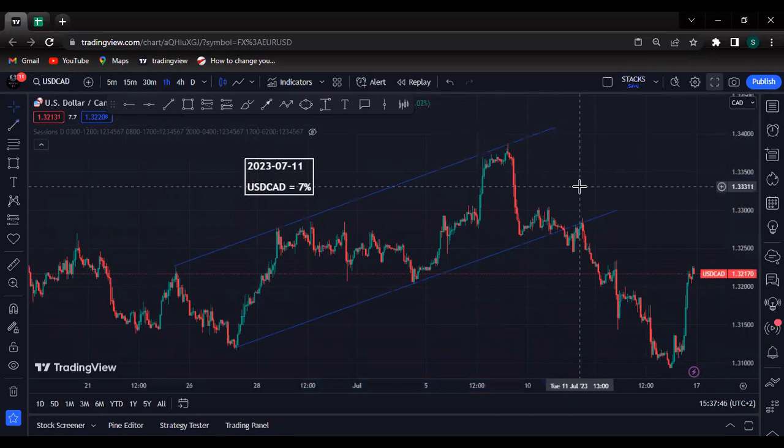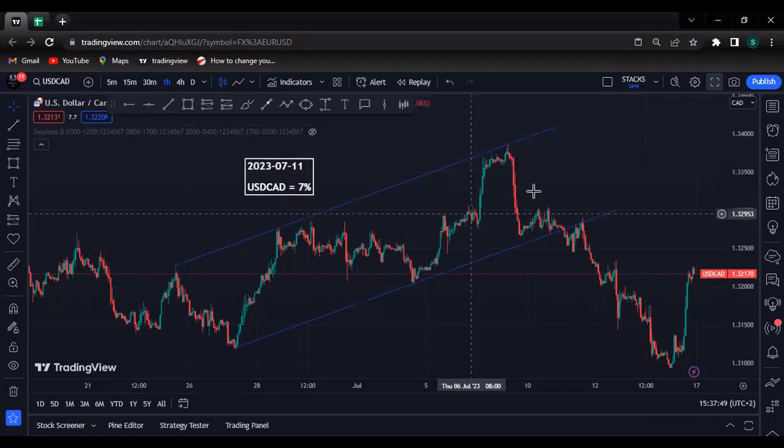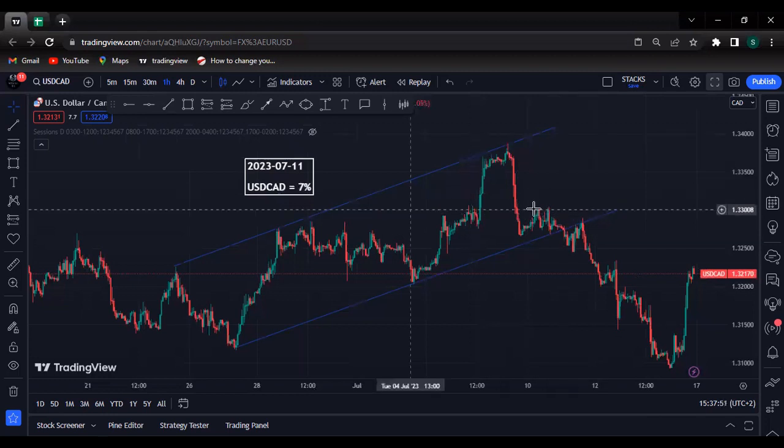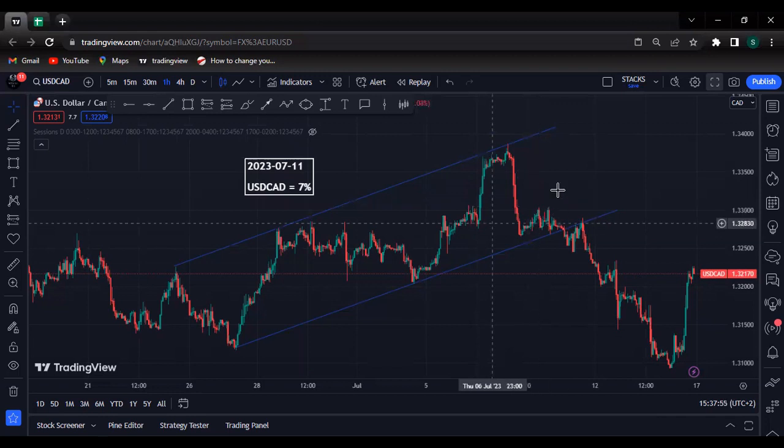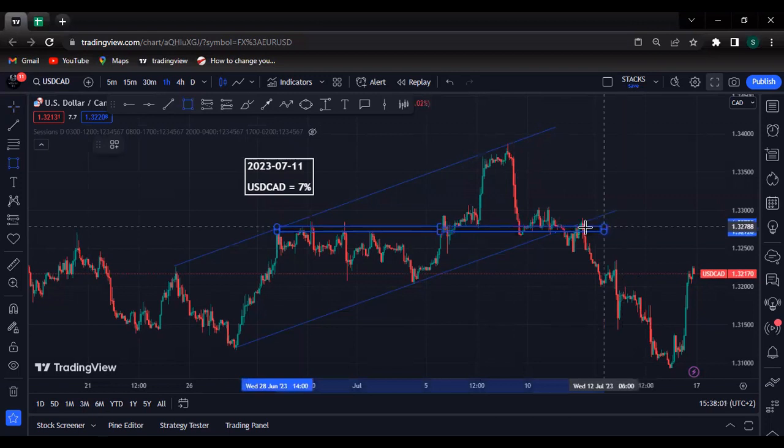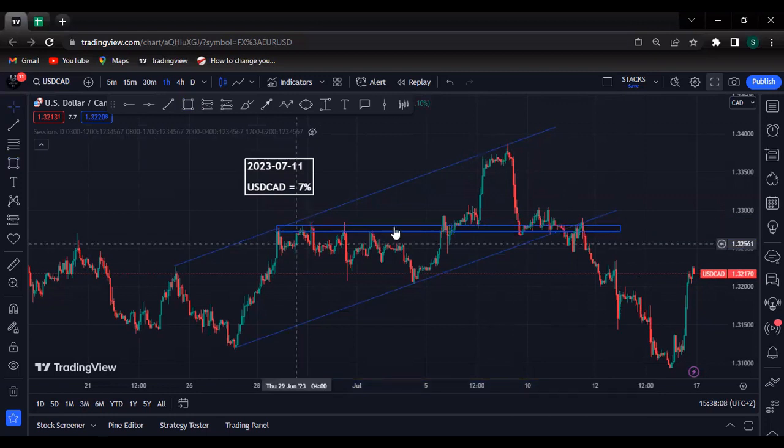Once I had spotted that we're in an uptrend, I was anticipating buys, to go with the trend. But then also what I had seen was this previous resistance turned into support over here. Let me just get it right for you guys. So right here, you see previous resistance turned into support.